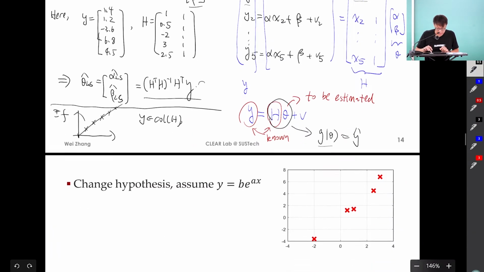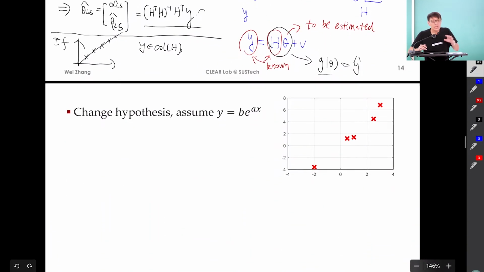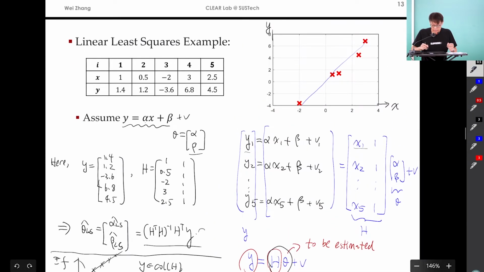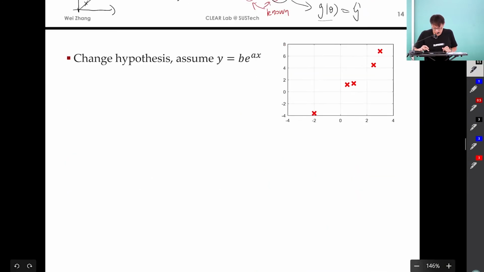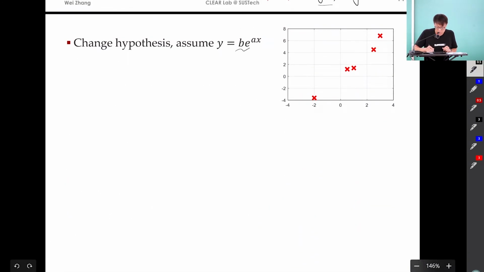Now I want to emphasize: all models are wrong, right? Some are useful. That's what I mentioned to you before. You may think, I want to fit a line, but some people may think the data is not a line. It's exponential. So now I want to change that modeling hypothesis.